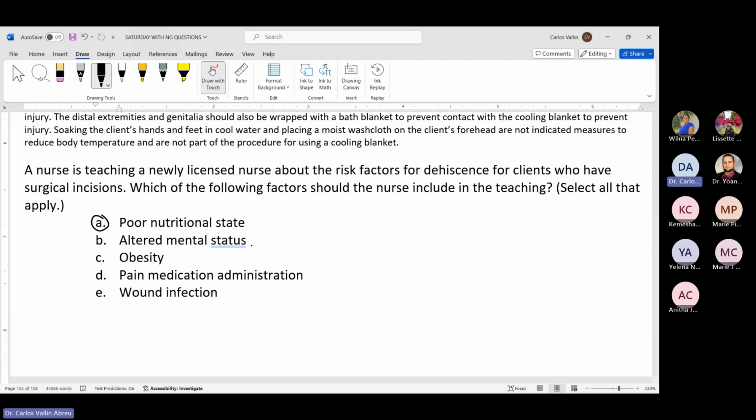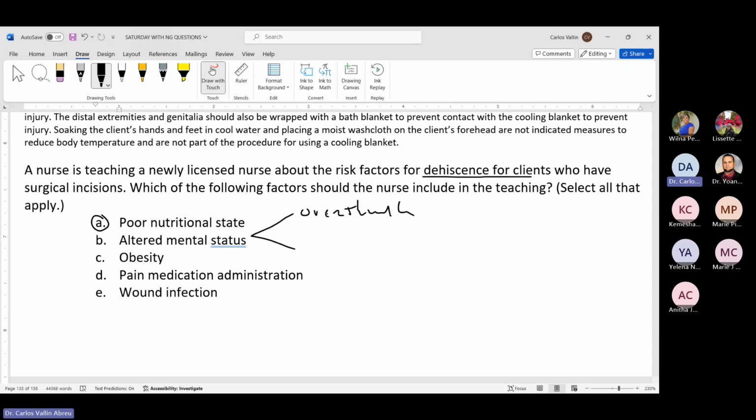Altered mental status. So we are talking about dehiscence. Okay, so we have two possibilities here. Overthinking.